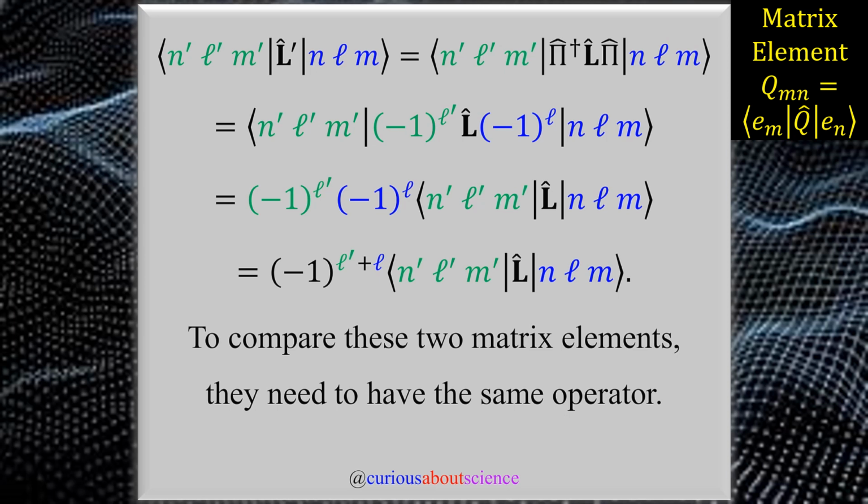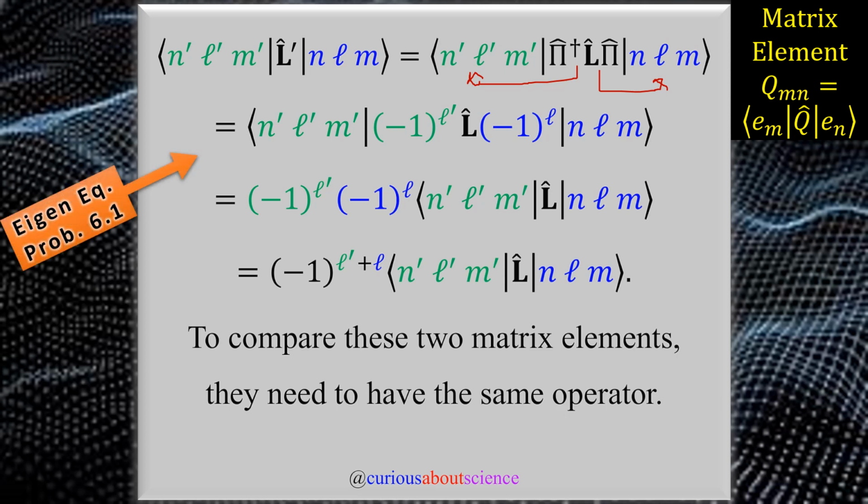And when we clean it up after sandwiching equation 6.24, we see that we can now apply the parity operator to a specific state. In this case, what we're doing is applying this dagger to this state and this parity operator to the blue state. That's pretty easy to see here, but we had already shown previously that the dual in the ket space was giving us an eigenvalue equation, which we saw from problem 6.1.